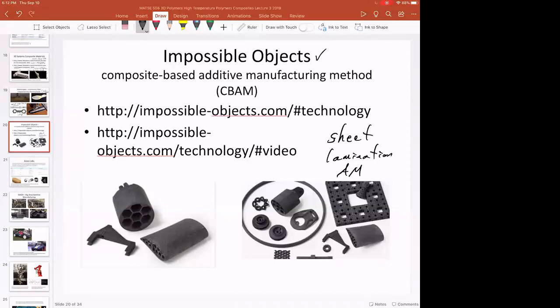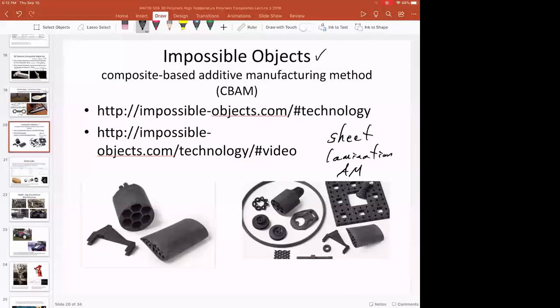So like I said, when we started off the class, we're not going to talk a lot about sheet lamination other than just mentioning it. It's not necessarily a mainstream AM process. And so if you want to learn more about sheet lamination, or you want to talk about how you might make carbon fiber mat plus polymers.